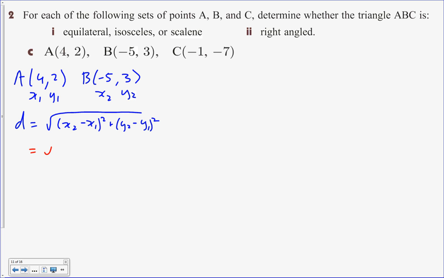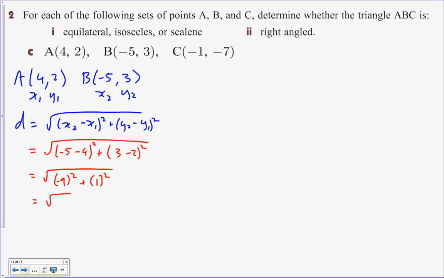So equals square root x2, which is -5, take away 4, plus, oh, don't forget it's squared, y2, which is 3, take 2, all squared. So equals square root -9 squared plus 1 squared. So equals square root 81 plus 1, so equals square root 82 units.